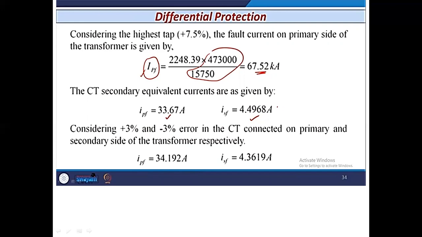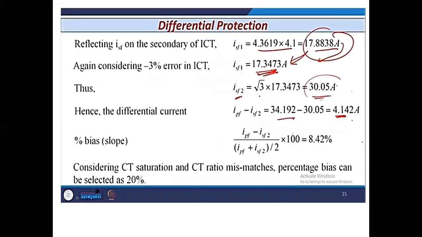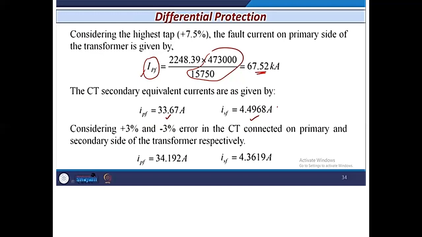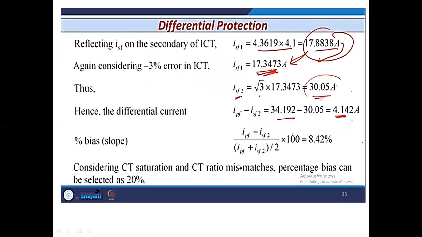For the plus 3%, the values come out to be like this, and for the minus 3%, the values come out to be like this. Okay.